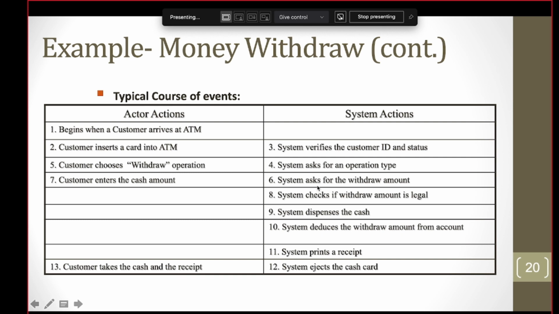Then the system asks for the amount. The customer enters the cash. The system checks if the withdrawal amount is fine, then dispenses the cash. The system deducts the withdrawal amount from the account and prints the receipt. The customer takes the cash and receipt and ejects the card. So this is the positive flow.